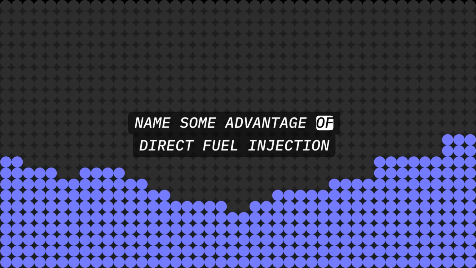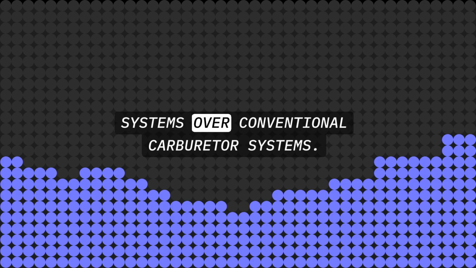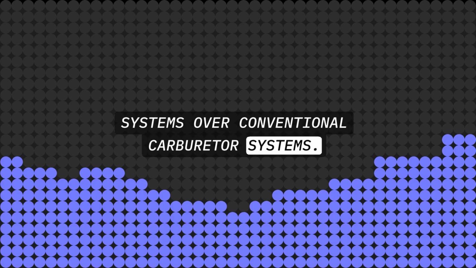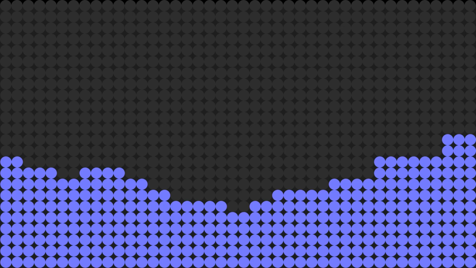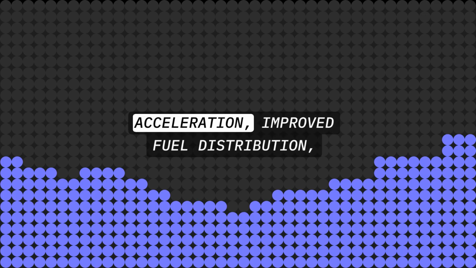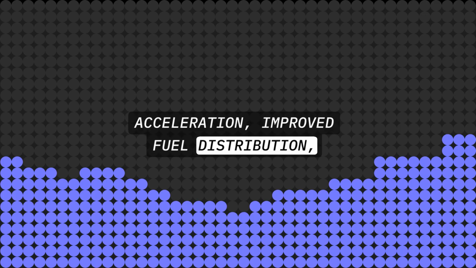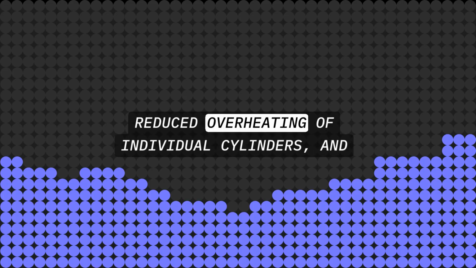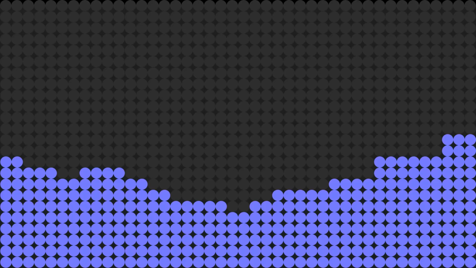Name some advantages of direct fuel injection systems over conventional carburetor systems. Less danger of induction system icing, improved acceleration, improved fuel distribution, reduced overheating of individual cylinders, and better fuel economy.